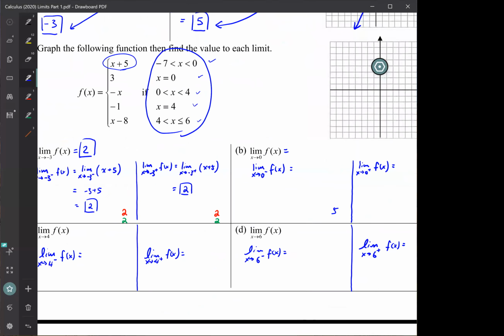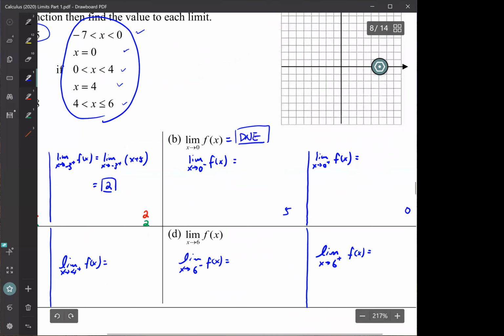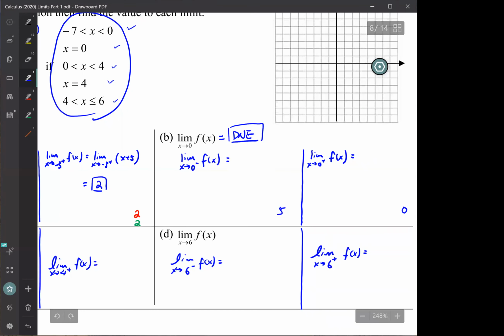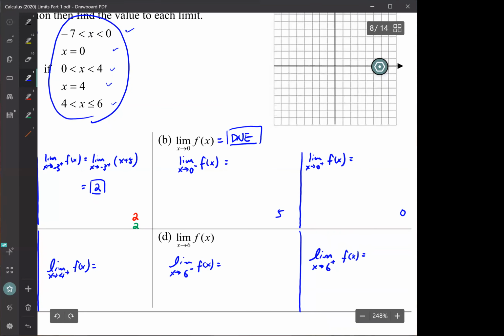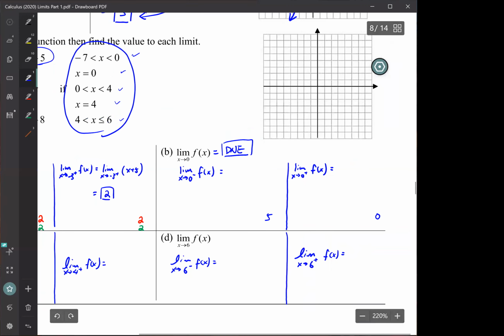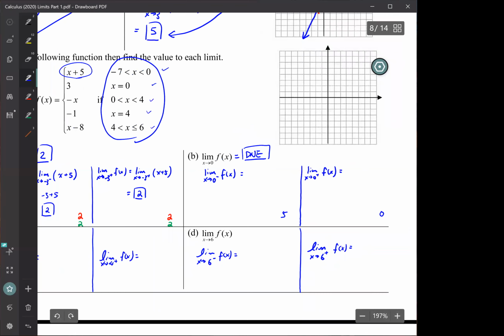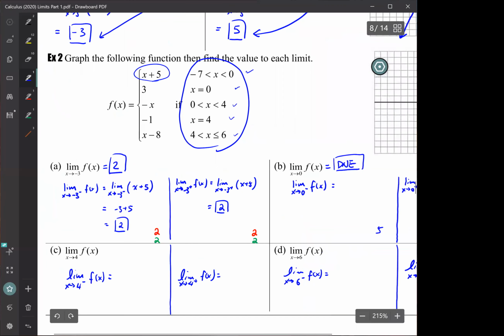Yeah, DNE. If the question doesn't say left or right side, then you still do left and right just to make sure they match. If they don't match, your answer is DNE. If they match, then you write down the same value as your final answer.